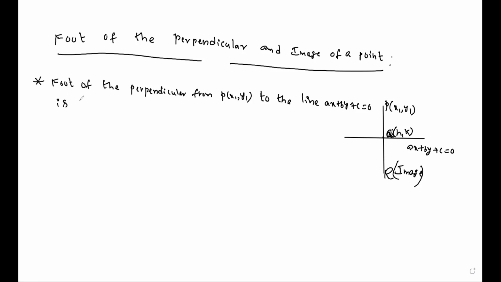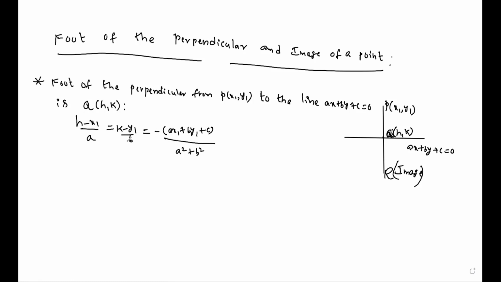The point taken here is Q, that is Q (h comma k) we need to find out. And for this we have a shortcut formula, that is (h minus x1) by a is equal to (k minus y1) by b is equal to minus of (ax1 plus by1 plus c) by (a square plus b square).